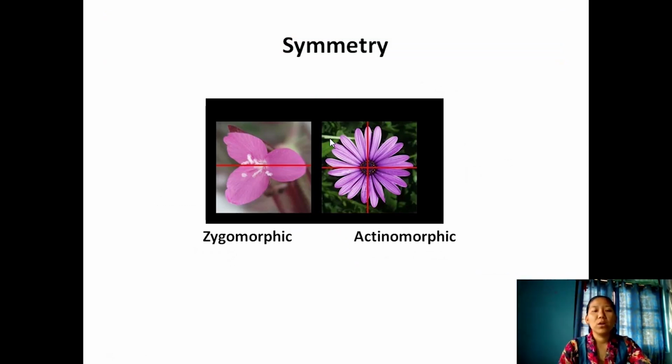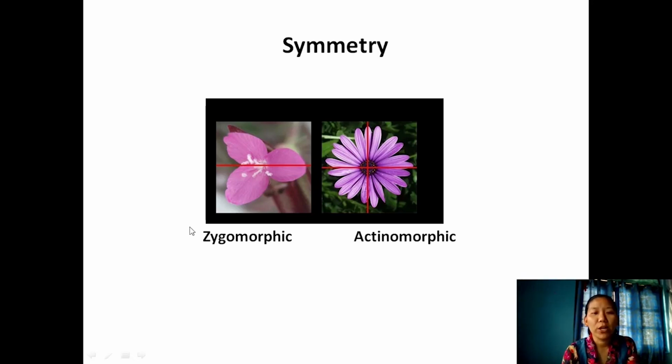Now this flower can be divided into two equal halves, or it cannot be divided into two equal halves. When you are not able to divide the flower into two equal halves, then we call it an asymmetric flower. And if the flower is divided into two equal halves from the center, then such a flower is symmetric. Again, in the case of symmetry, we have two types, as we have seen in the case of animals.